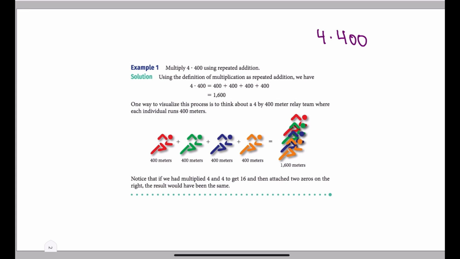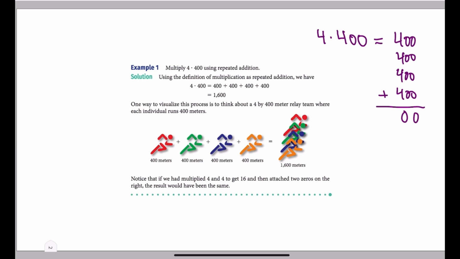Now, you could think of this multiplication as repeated addition, and in fact, that's what it is. So 4 times 400 means 400 added 4 times. If we add these up, all zeros make 0, all zeros make 0. 2 fours is 8, 2 more 4s, another 8.